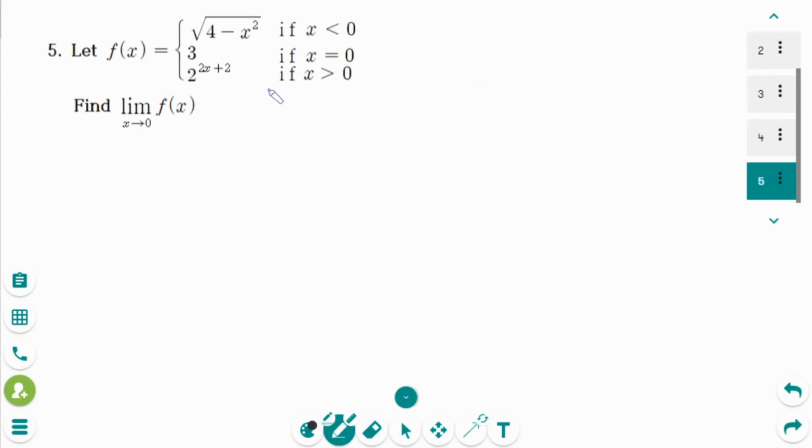This is the last question. Limit of f of x as x approaches 0 exists when the left and the right limits are the same. So we have to check the left side first.